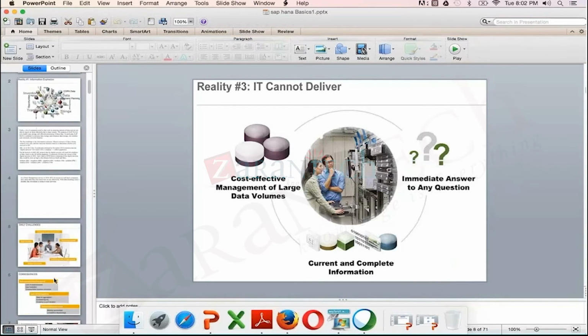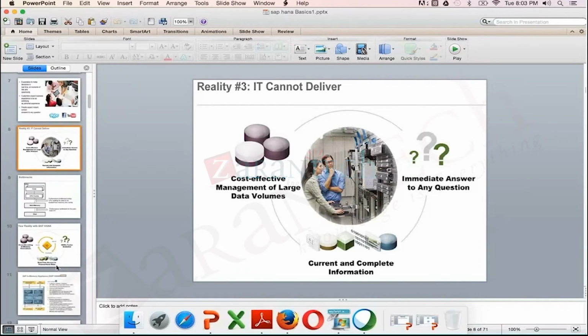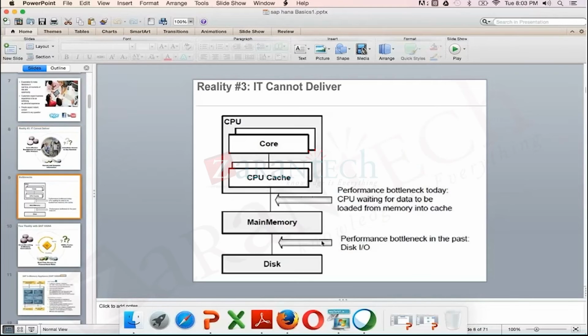But if you take any in-memory database, why are we calling them in-memory databases? In any in-memory database, my friends, the primary persistence of the data is not the hard drive. No. The primary persistence of the data is RAM itself. The complete data resides in the RAM itself, not only in SAP HANA, in any in-memory database. So why are we calling it an in-memory database?